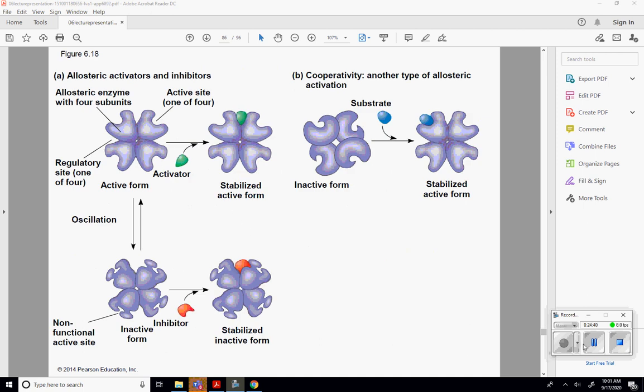So you can see it here. Much like a non-competitive inhibitor, it wedges itself in there and changes their shape, making it an inactive form. Substrate comes in, fitting in perfectly, making the rest of them say, I'll be that shape too, stabilizing the form. So that's cooperating, whereas this is more of an inhibiting.